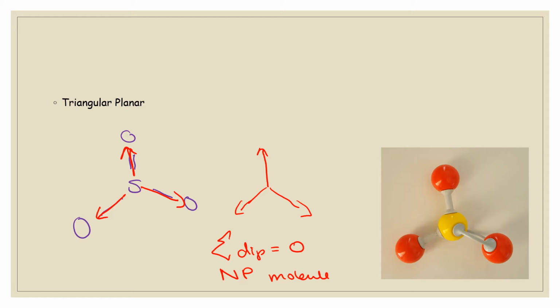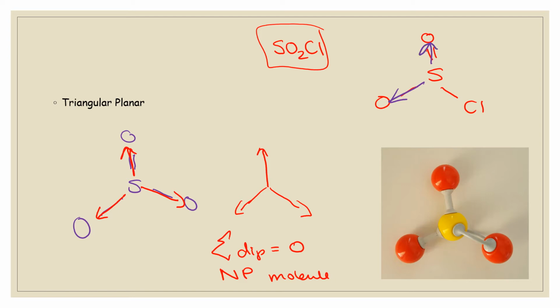Now, if we change this from sulfur trioxide to something else like SO2Cl, here you will have a situation which looks like this, and you will have the oxygens pulling out from the sulfur and the chlorine pulling out from the sulfur.